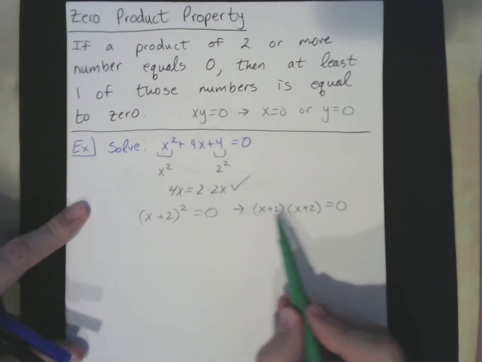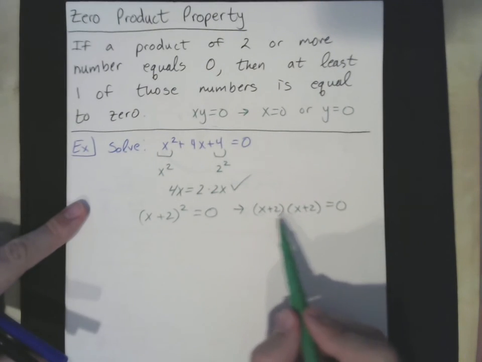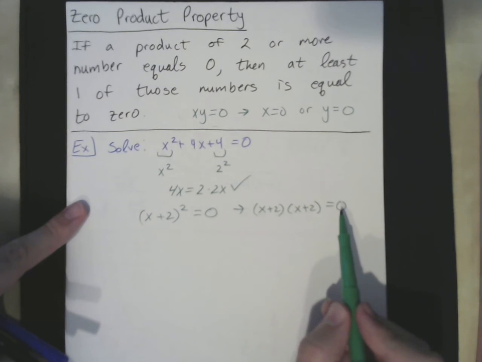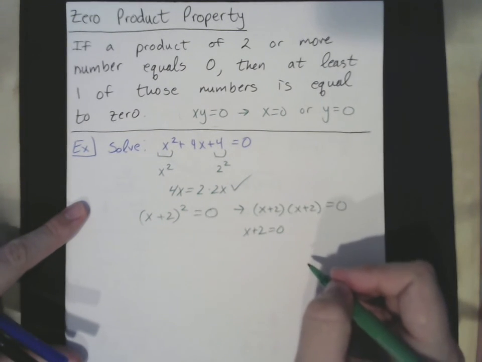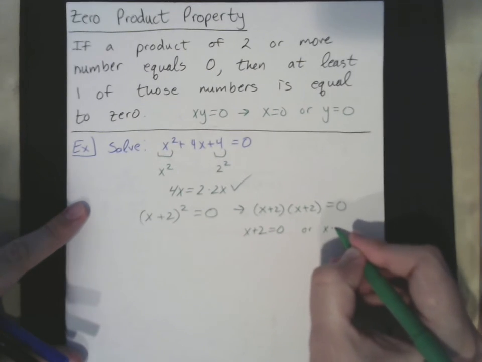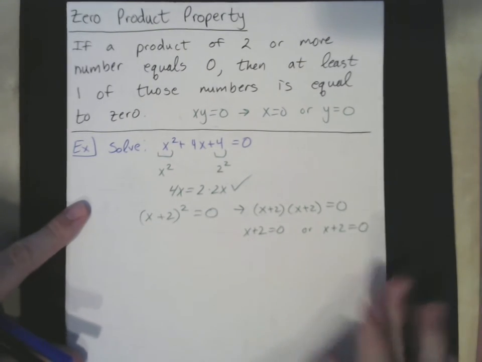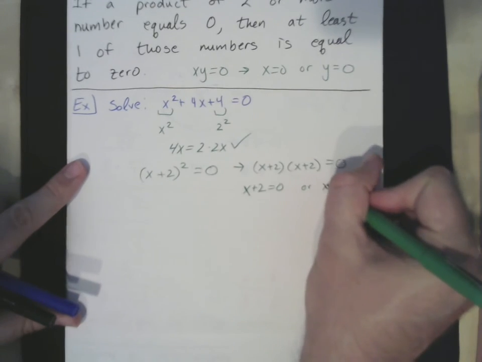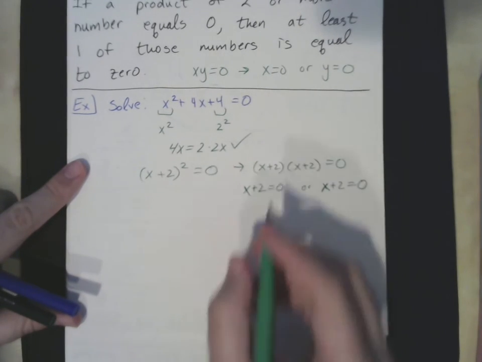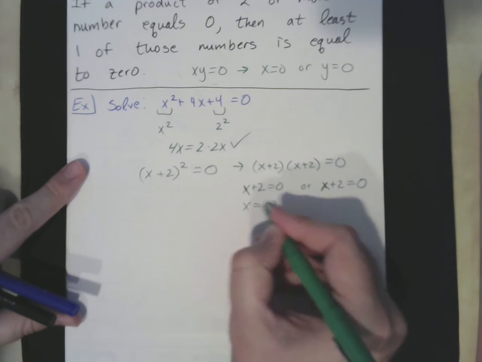I have two numbers. Yes, they're the same, but that doesn't matter. And they multiplied together equal 0. That means x plus 2 equals 0, or x plus 2 equals 0. In this case, that's the same thing, so we don't need to solve it twice. But that is what the zero product property states. And so x equals -2 is our answer.